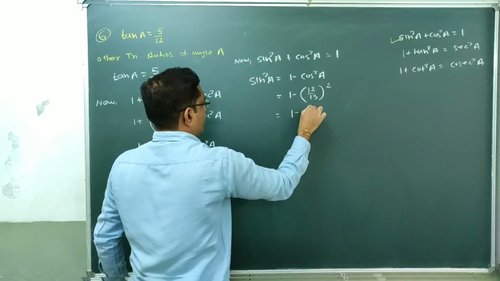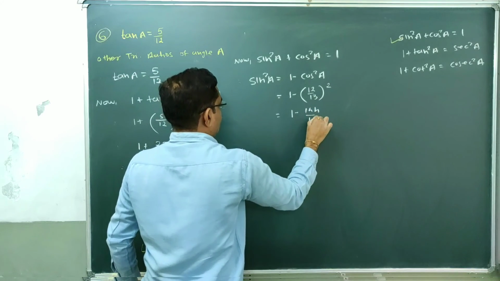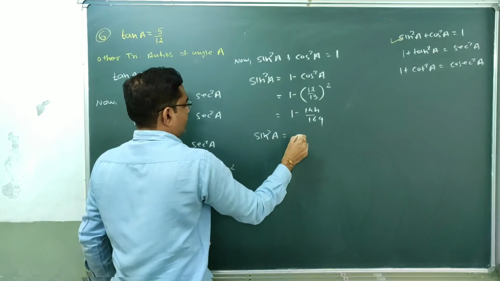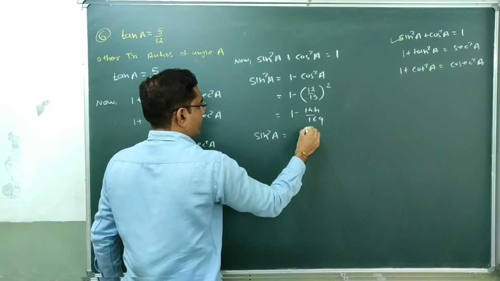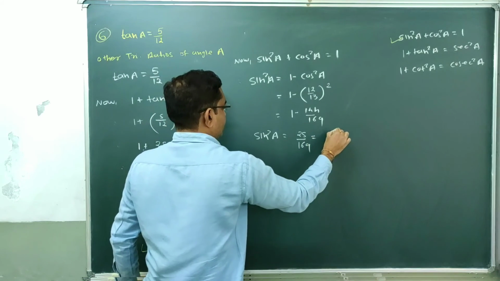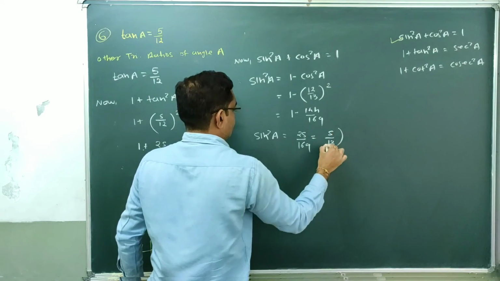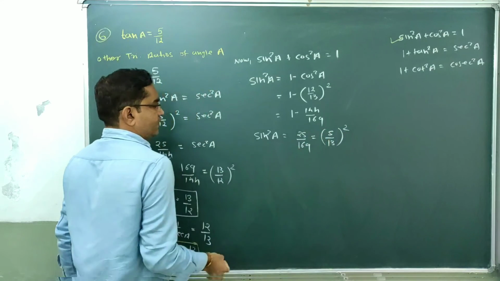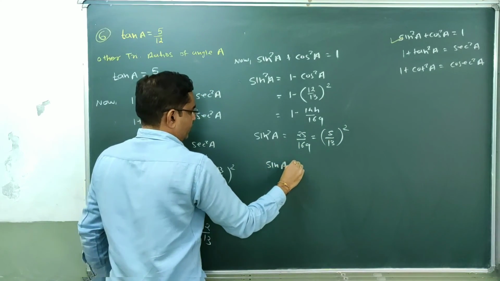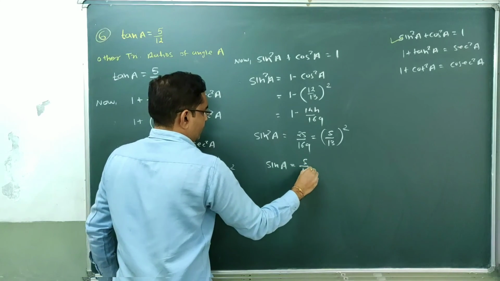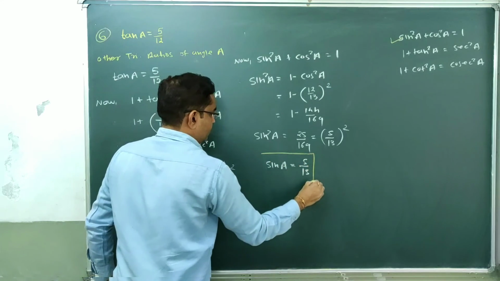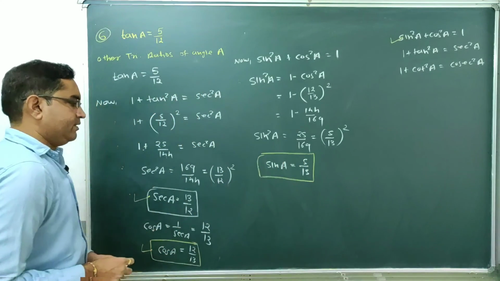This is equal to 1 minus 144 upon 169. Therefore sin square A equals (169 minus 144) by 169, 25 by 169, which is the square of 5 by 13. 5 square is 25 and 13 square is 169. Therefore the value of sin A is 5 by 13. Done? So we got the value of sin A.